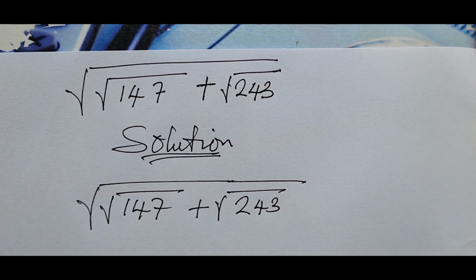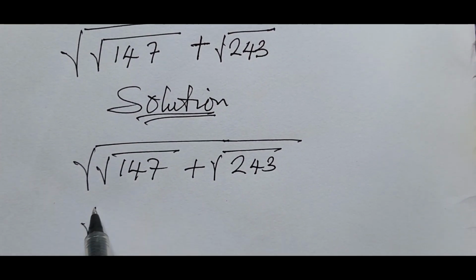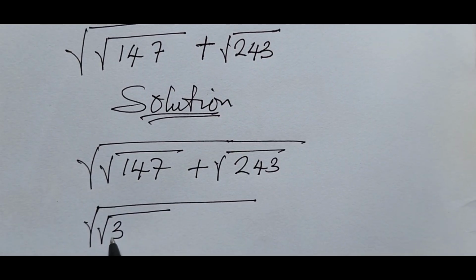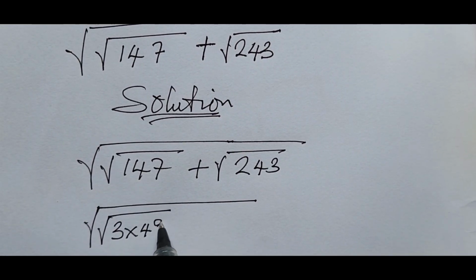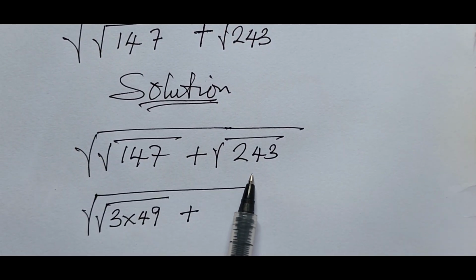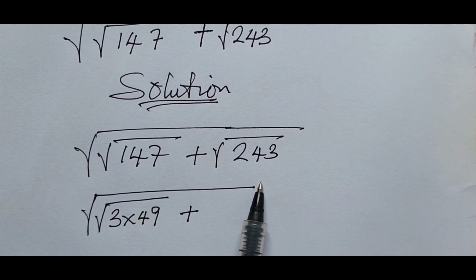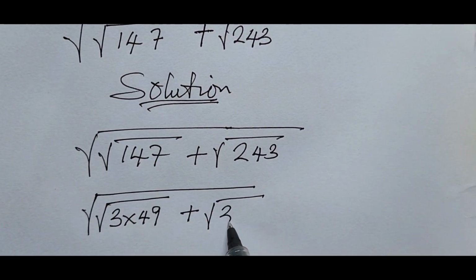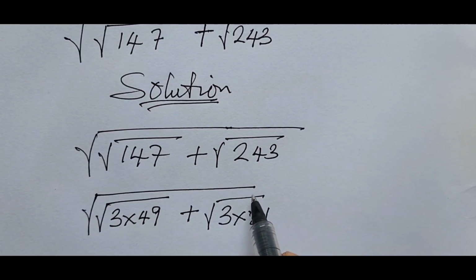So we just have to rewrite this as the square root of the square root of 3 times 49, then plus. Also, you discover that 243 can be split into 3 times 81.